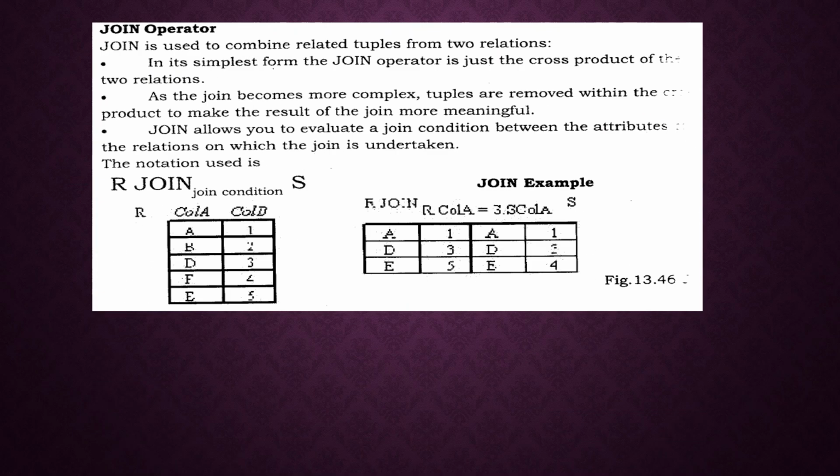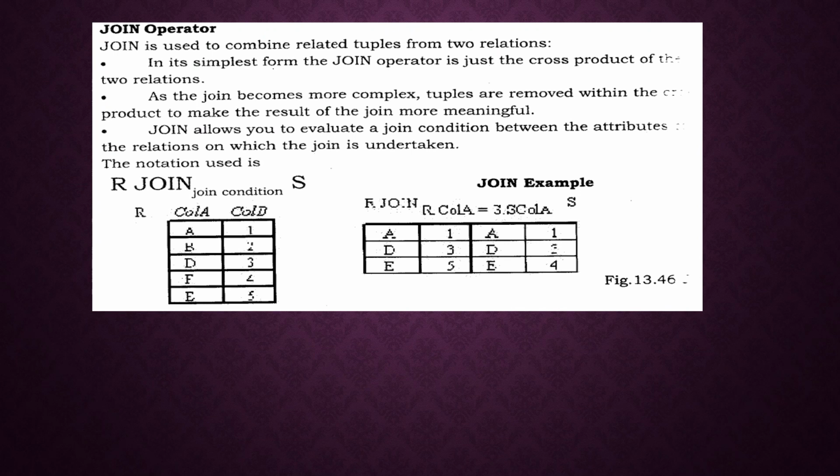And the next concept is the join operator. See, the join operator is used to combine related tuples from two relations. Here we need some condition, or you can say the simplest form of join operator is just the cross product of the two relations. Actually, the join operator which joins two tables normally uses cross product or Cartesian product.